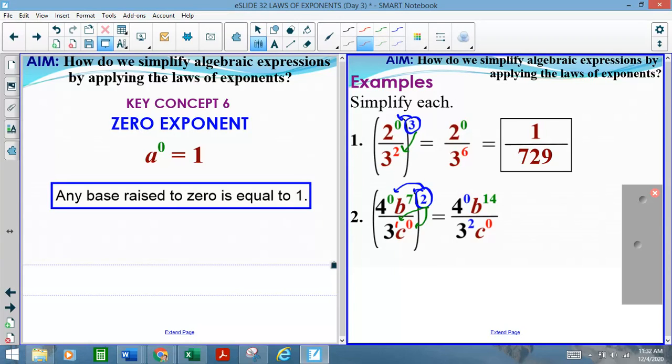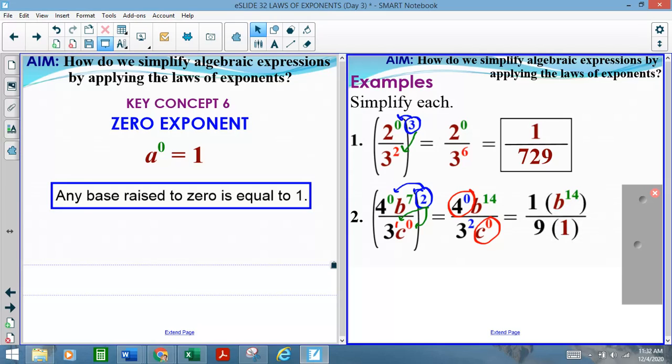So immediately applying the zero exponent rule, which is right here and right here. Remember, anything to the 0 power is equal to 1. So therefore, we have 1 times b to the 14th over 9 times 1. And in the end, we have b to the 14th divided by 9.